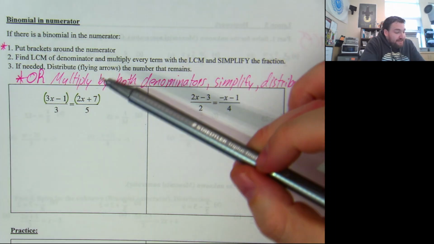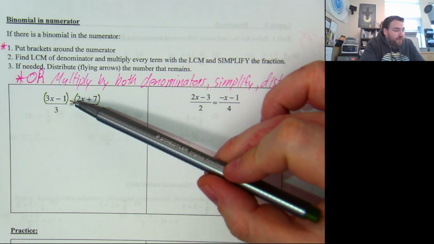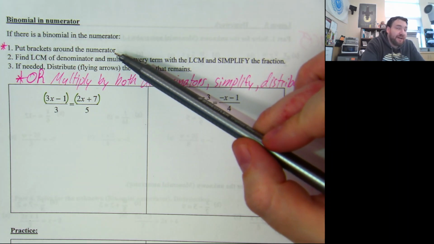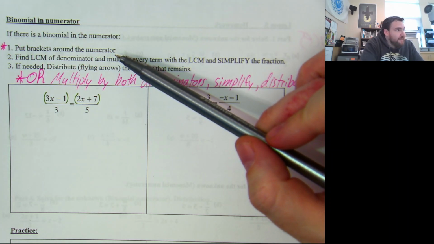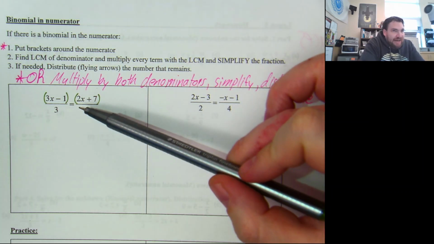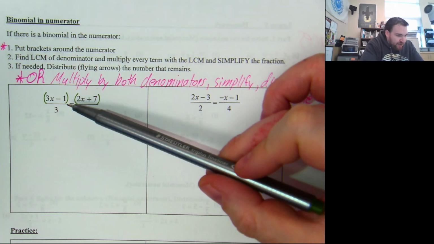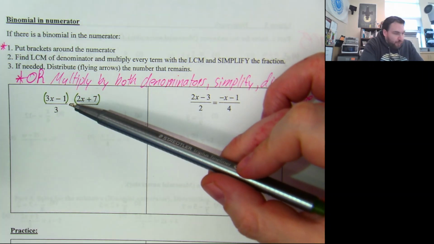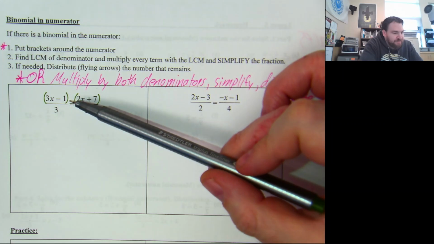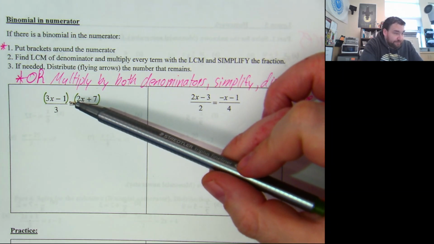And to make your life a lot easier, throw brackets around it, which is the step 1 here that I glossed over a second ago. To make it really clear what you need to do, put brackets around that numerator. It doesn't matter if it's a binomial or a trinomial, a 4-termed mathematical object, whatever it is, throw brackets around the entire thing.